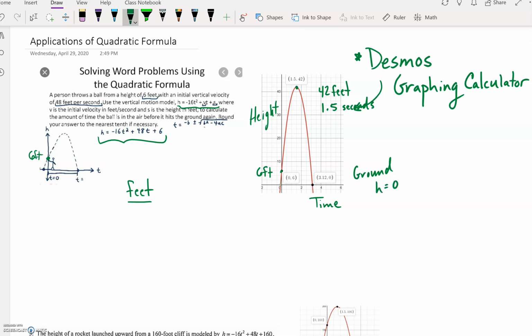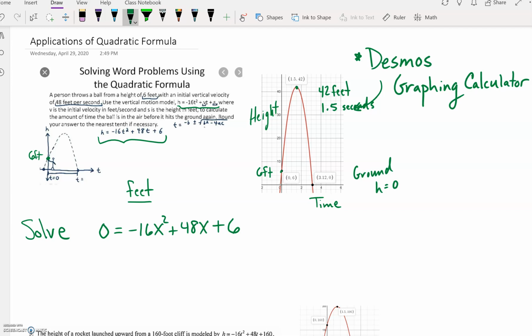So we've been doing a lot of work with solving quadratics. You have dealt with a quadratic that might look like this: negative 16x squared plus 48x plus 6, and you have been asked to solve that equation. And for something like this, maybe we use the quadratic formula.